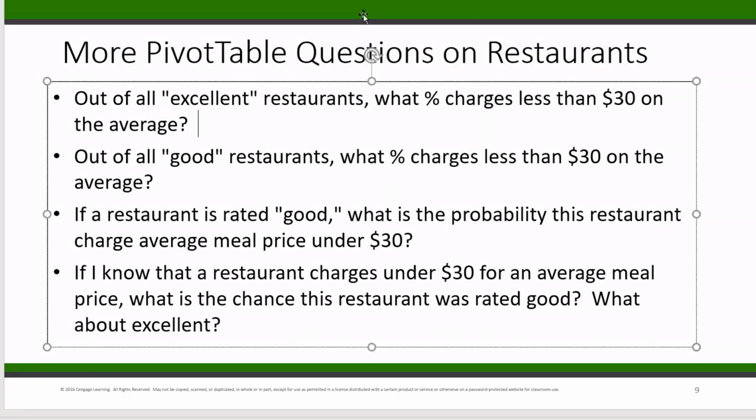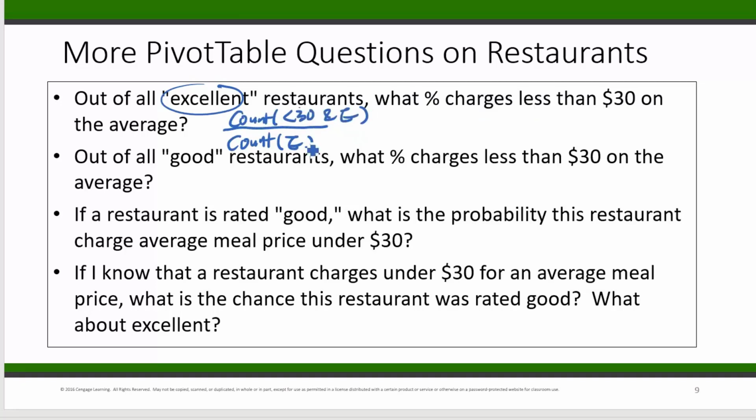Count how many are excellent. That goes in the denominator, and then charging less than $30 and excellent. Of course, we'll be just looking at this group, so out of this group, the ones less than $30.